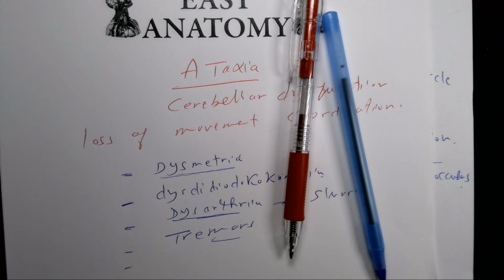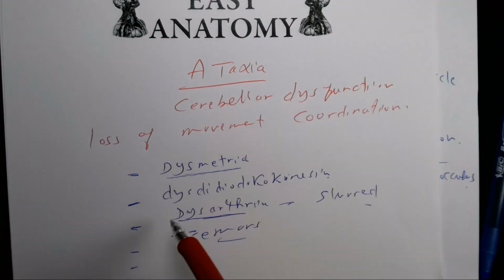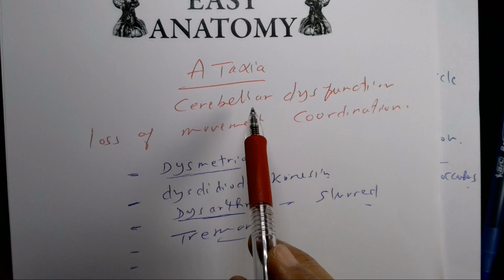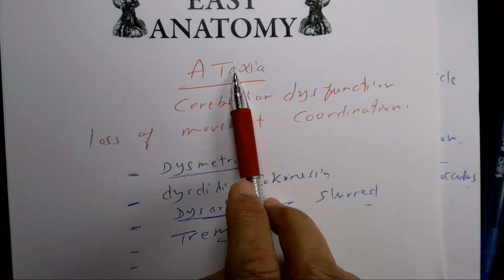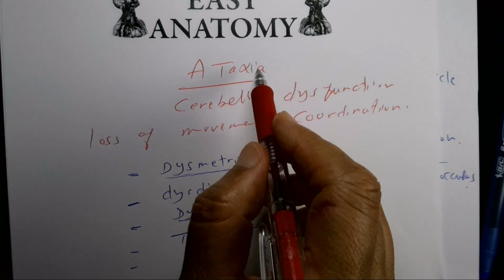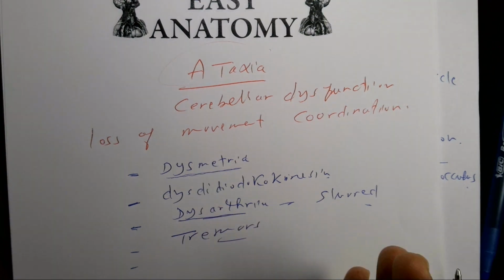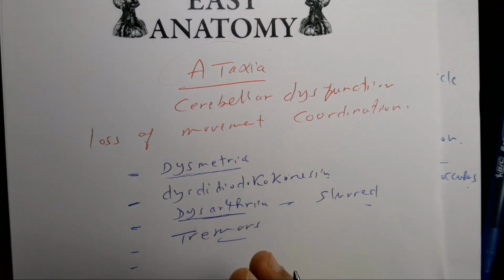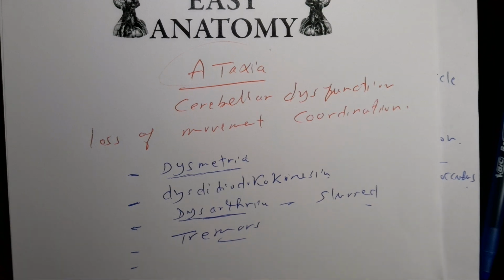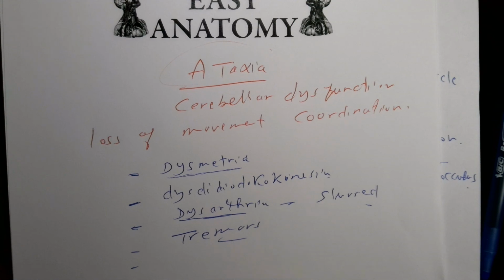So keep in mind that this is what we call ataxia, and again keep in mind that the cause of ataxia can be different. It can be viral infection, it can be stroke, it can be brain trauma, it can be due to several reasons. How do you test this?